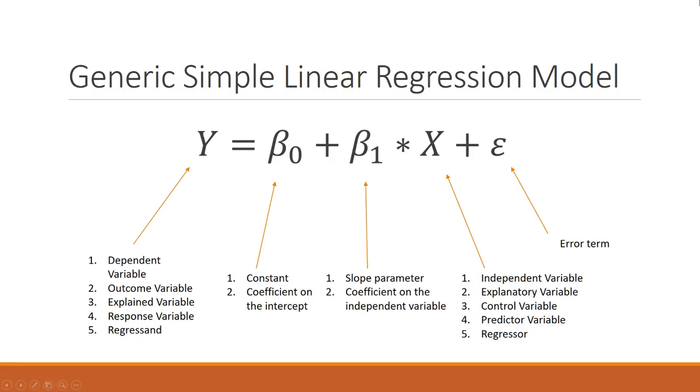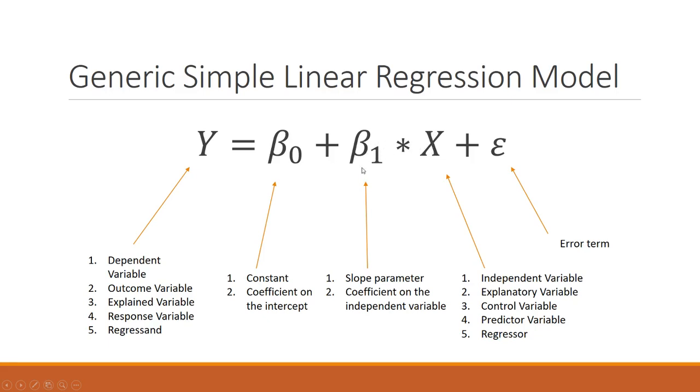Okay, well, what is that relationship? That's captured by this beta 1. Beta 1's a parameter, and we already said before, beta 1 is the slope parameter. It's the coefficient on the independent variable. So it's a parameter, or we might call it a coefficient. It's a number that starts out unknown to us, but it's a number multiplied by the independent variable.